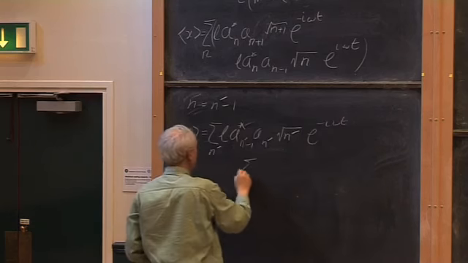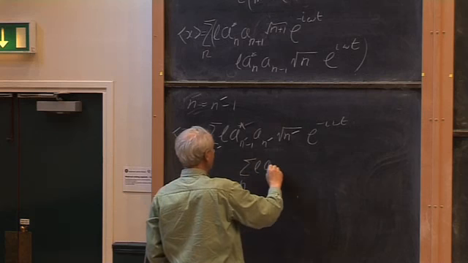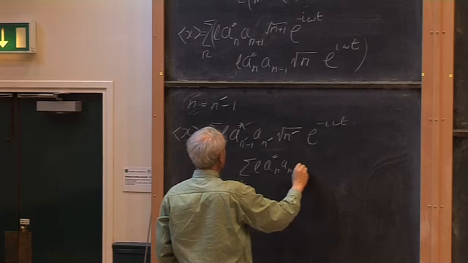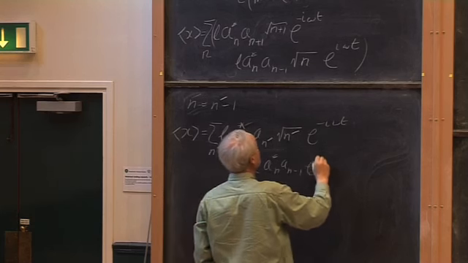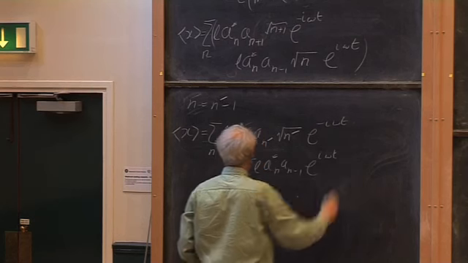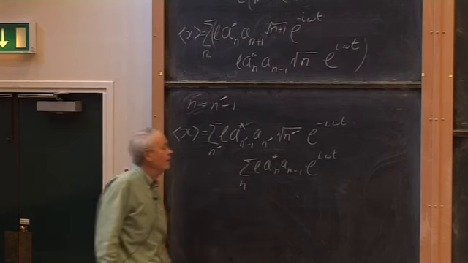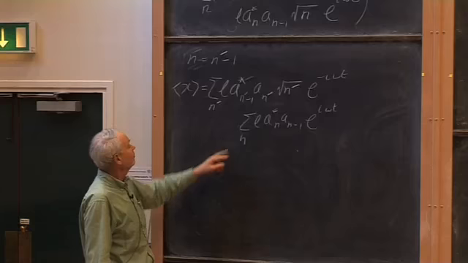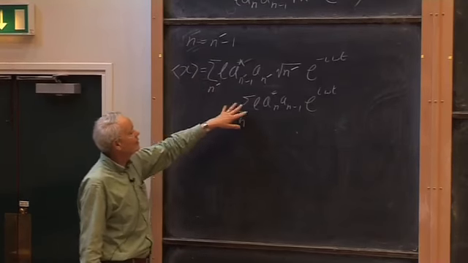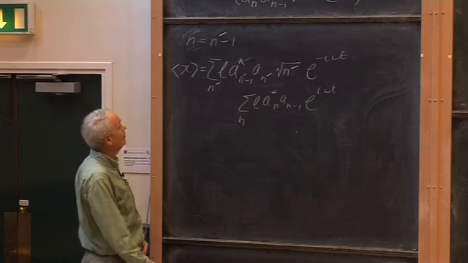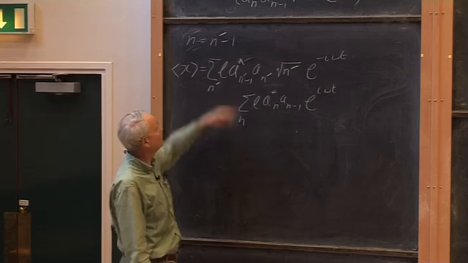And the other sum is still over n, and that's a_n star, a_(n minus 1), e to the i omega t. But n and n primed are just dummy indices, we're just summing over them. So this sum is, in fact, the complex conjugate of that sum. These two things are complex conjugates.